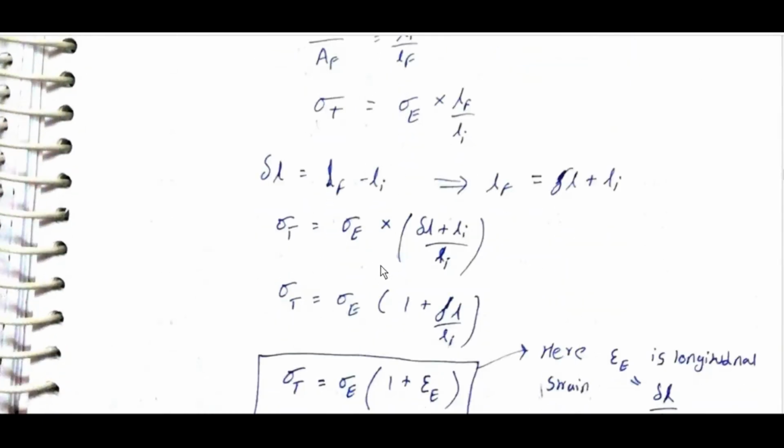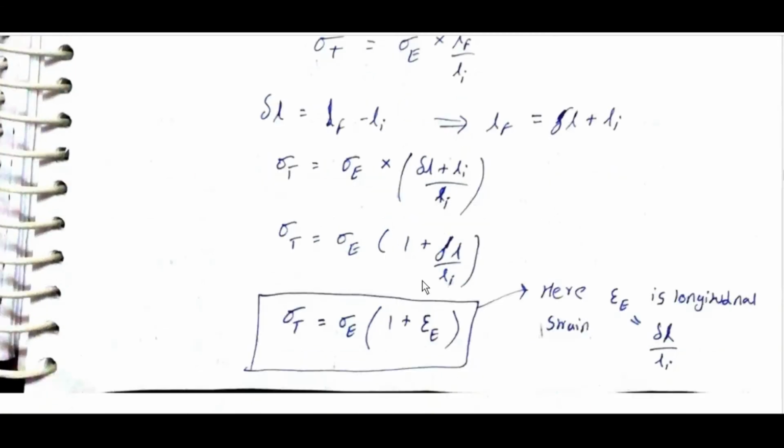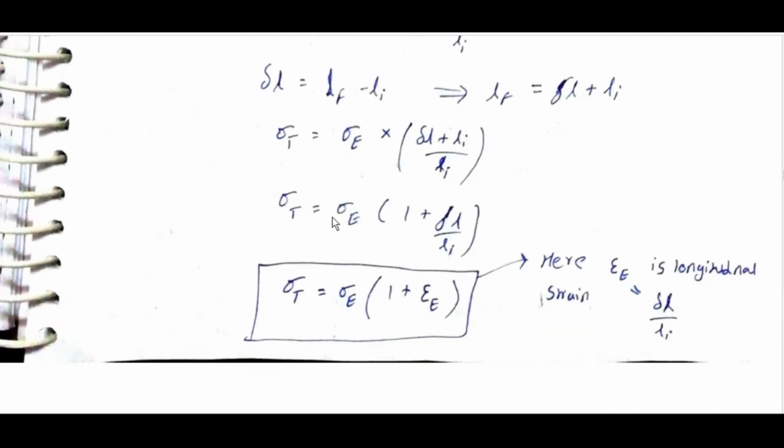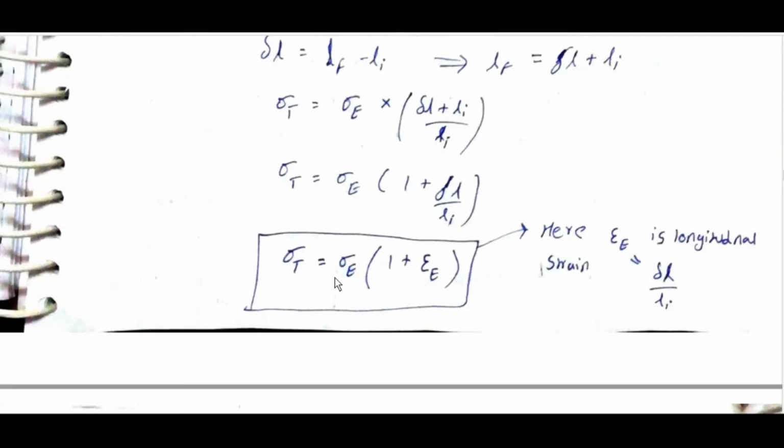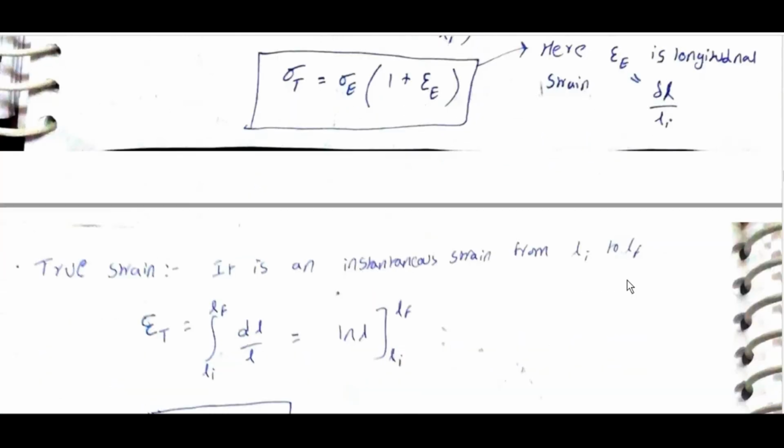Delta L is equal to Lf minus Li, so Lf is equal to delta L plus Li. Sigma t is equal to sigma e into 1 plus delta L by Li, which is sigma e into 1 plus epsilon e. Here epsilon e is the longitudinal strain equal to delta L by Li.